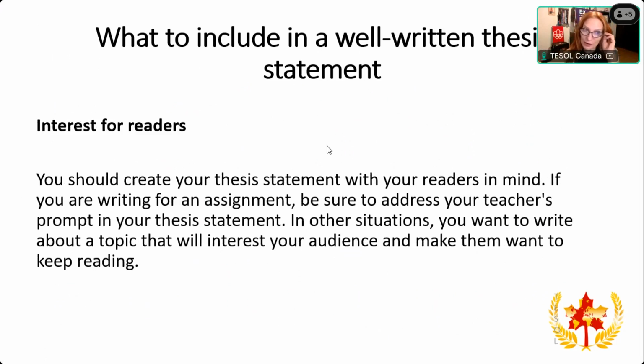Interest for readers. You should create your thesis statement with your readers in mind. In this case, who is your reader? The evaluator, who is going to evaluate your paper, and then the audience that's going to read it. We know that the papers you write will probably be read by other teachers. If you are writing for an assignment, be sure to address your teacher's prompt in your thesis statement. In this case, it's the prompt from the list.